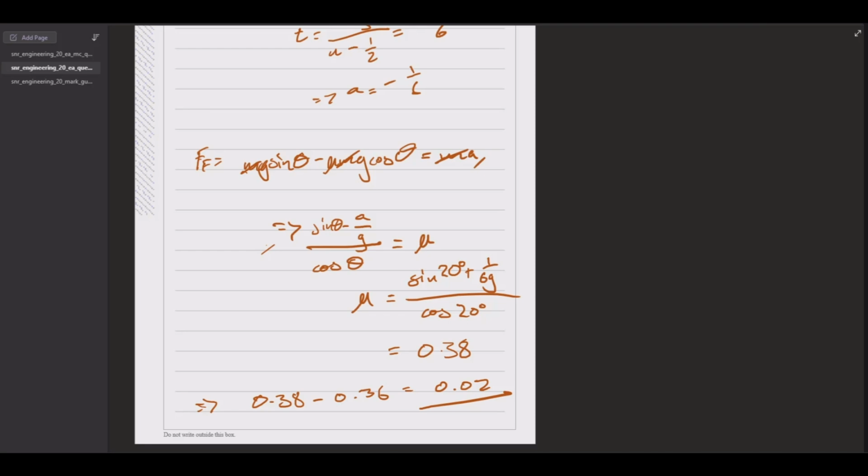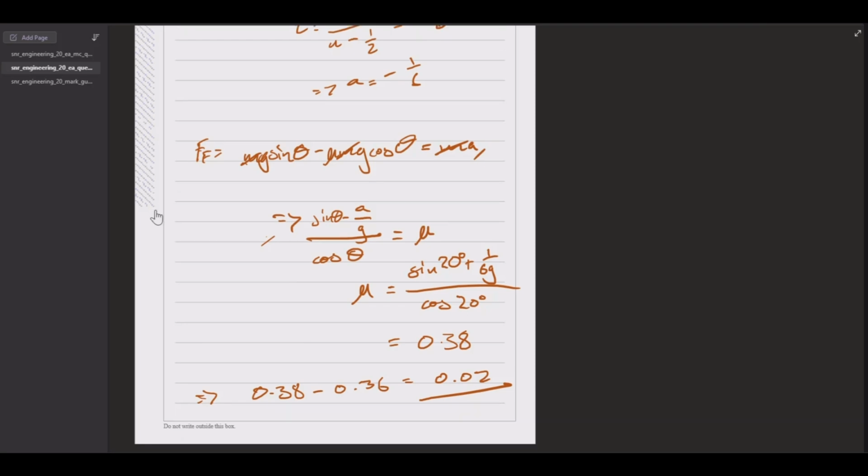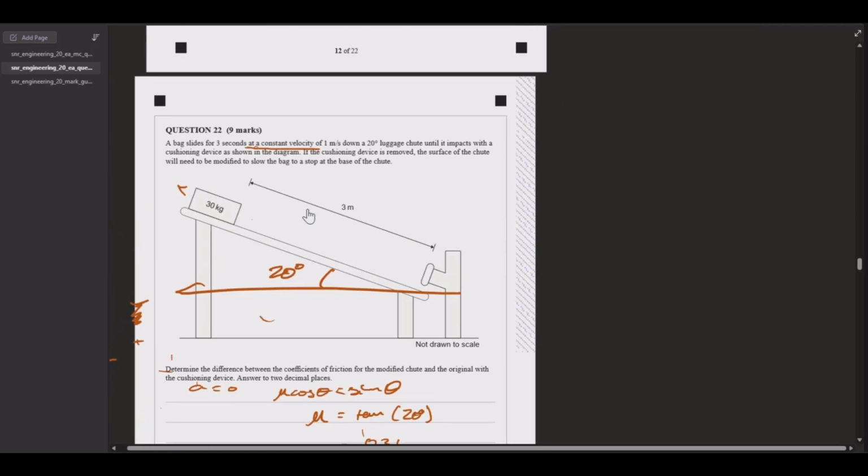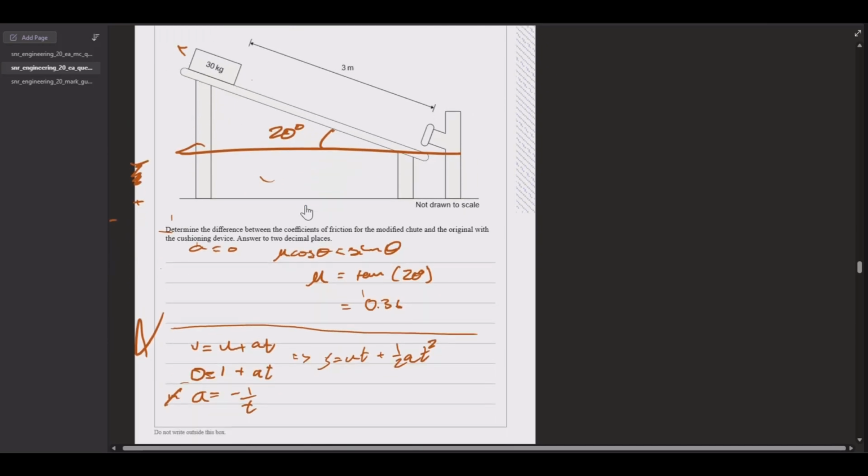And the marks there, let's have a look. Correct force of friction. We don't need to work that out to do this question. The marking criteria for this one's also scuffed, because it wants you to give force of friction and correct normal force.